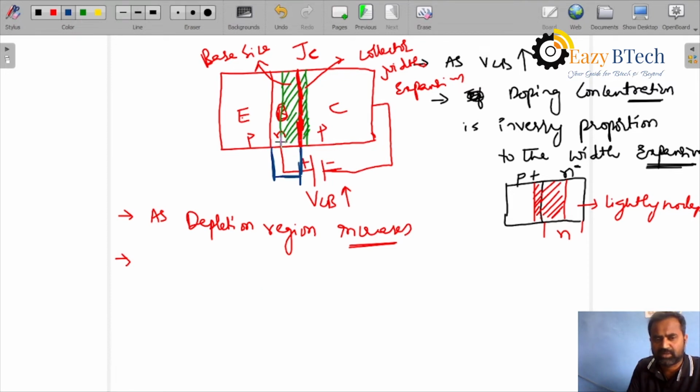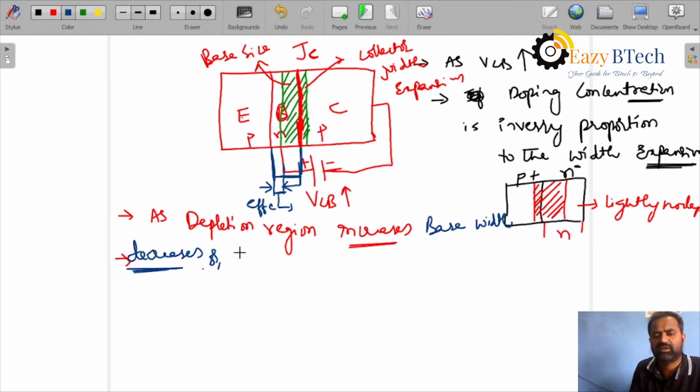Due to this expansion, only the effective base width is decreased. This is the effective base width. The base width decreases as the depletion region increases. This is known as early effect or base width modulation.